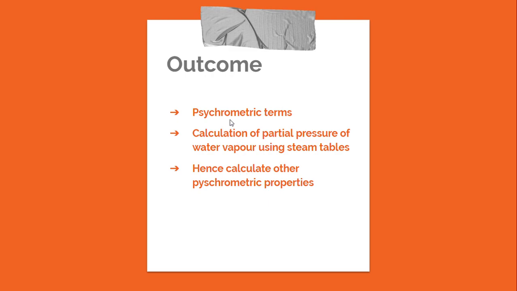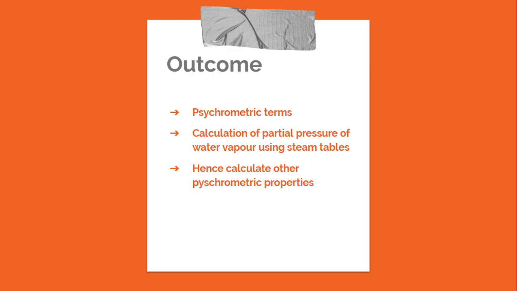So psychrometry, as I said, is the study of properties of moist air, the air which is being conditioned. For this conditioned air, we use certain terms to denote its parameters, and those terms are known as psychrometric terms. So we are familiar with those terms.